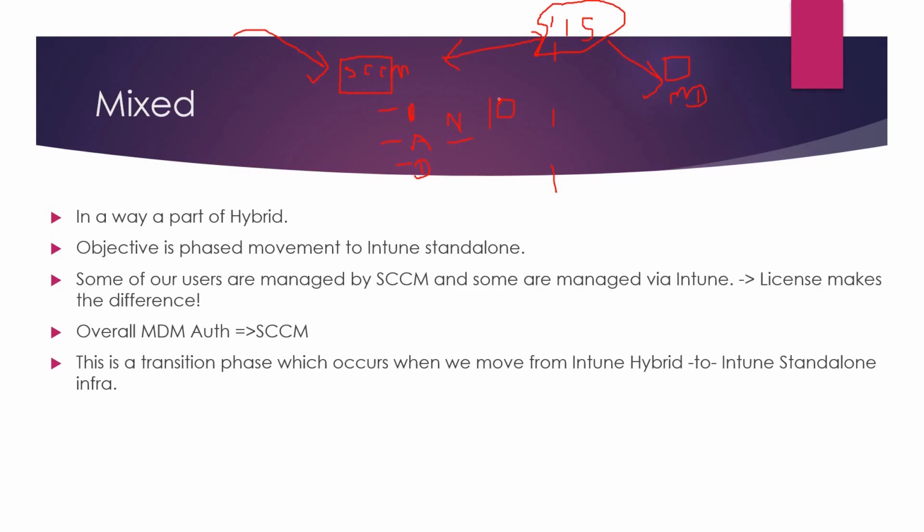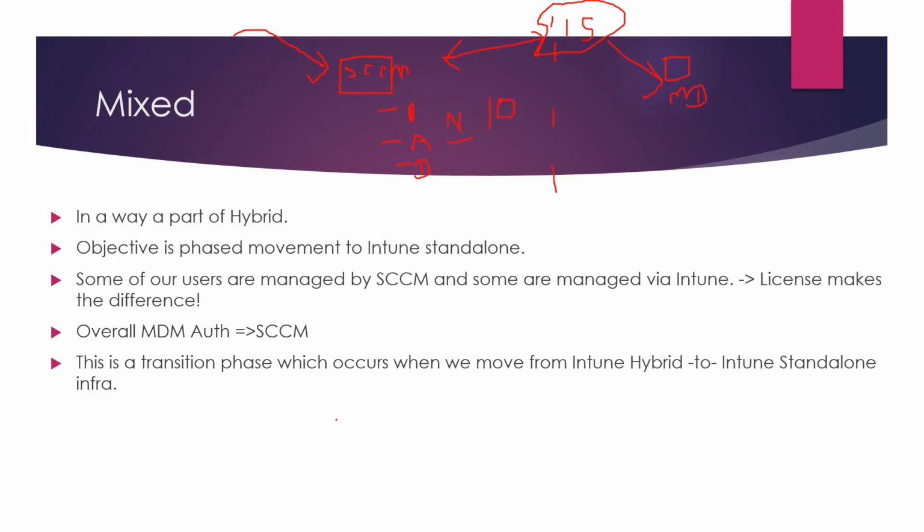Once that migration happened, he decided to move the next 500 users, and then the remaining 400 users. This transitional phase, wherein 100 users were reporting to Intune and the other 900 users in his environment were reporting to SCCM, was referred to as the mixed authority state.